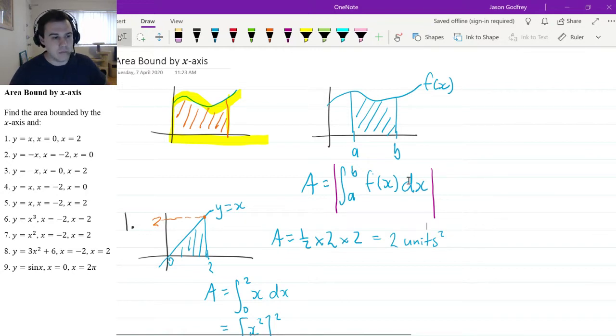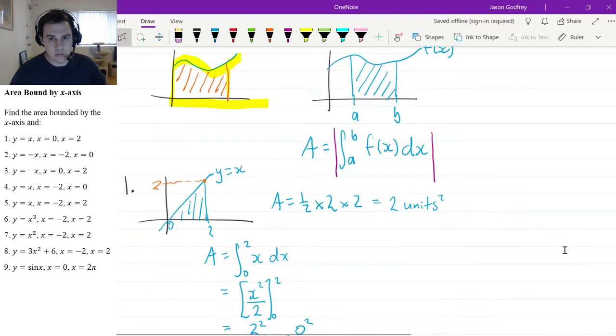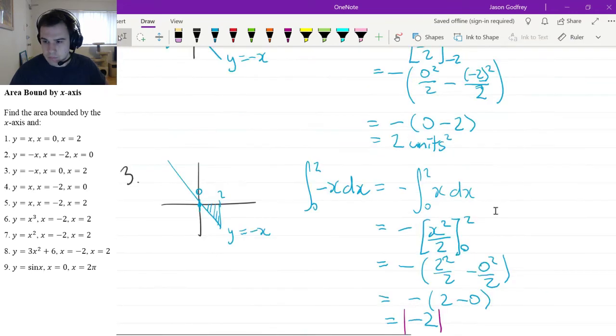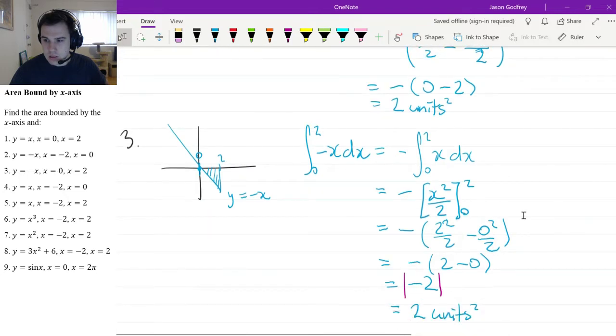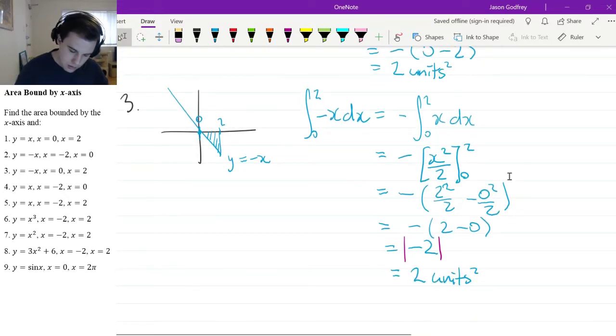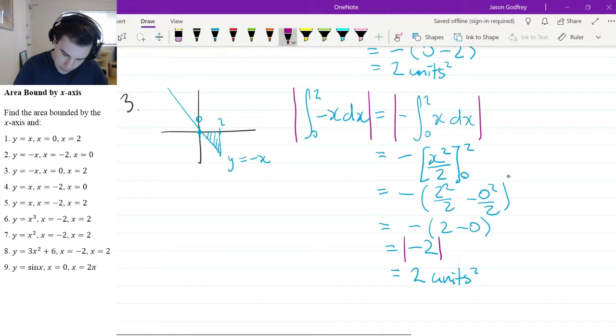But if it's below the x-axis, it'll be the absolute value. So just whatever negative value you get, change it into a positive value. Okay, so that means this whole time we should have had the absolute value of, whoops, wrong side of the equal sign, absolute value here, absolute value of this thing the whole way through.